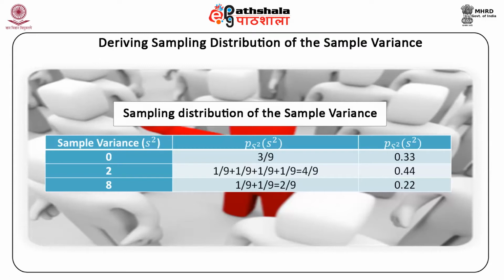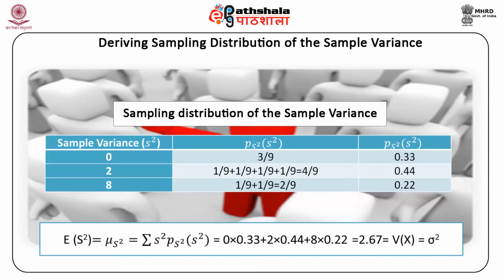So the expected value of s square, which we can write as mean of s square or mu s square, is equal to summation of s square into probability of s square, and this comes out to be equal to 0 into 0.33 plus 2 into 0.44 plus 8 into 0.22, which is equal to 2.67, which is the same as variance of x and is equal to sigma square.